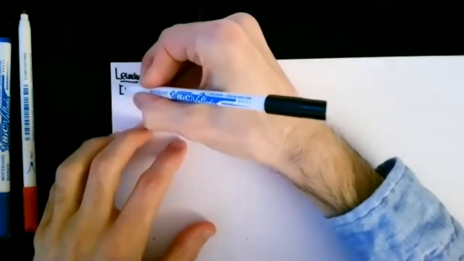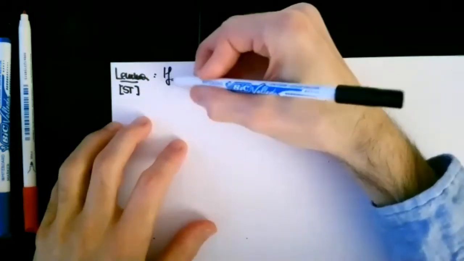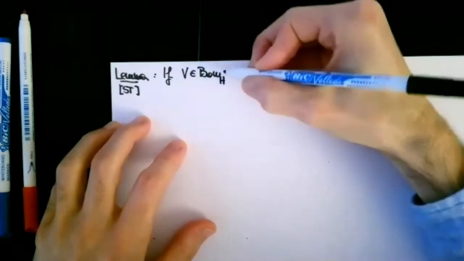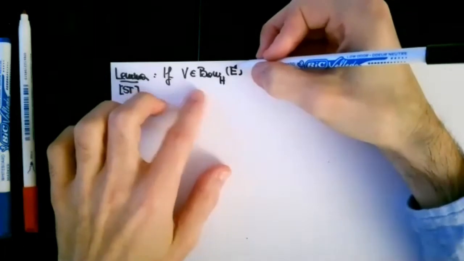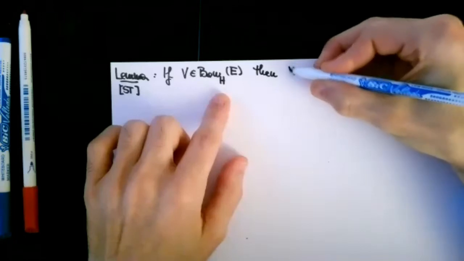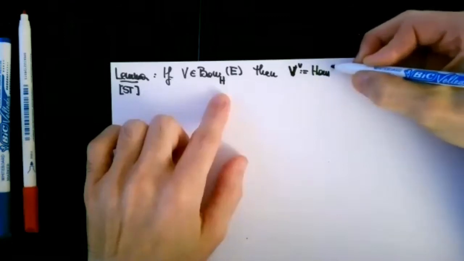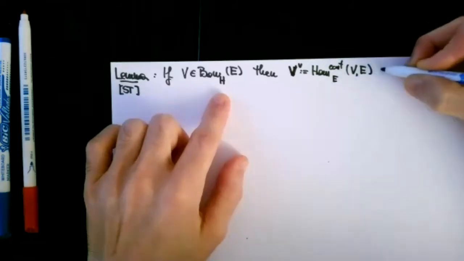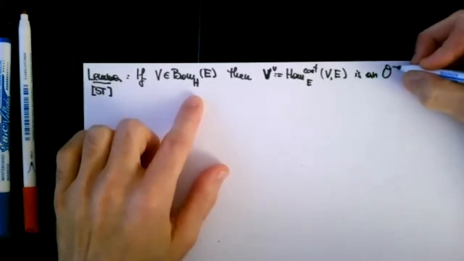If V is a Banach space representation with E coefficients, so it means that V is a Banach space over E with a continuous action of H, then the continuous dual, V check, defined as Hom continuous over E of V comma E, is a module over the completed group algebra.